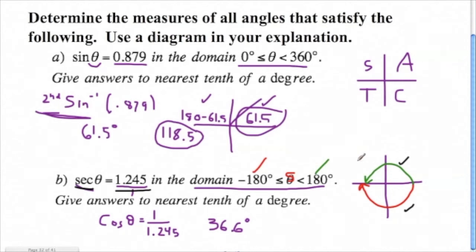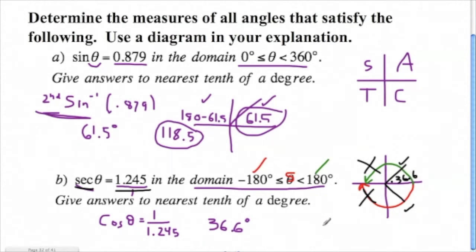So these ones we're not using. That's cos negative. So if I draw my reference angle in those pockets right here, that one right there is 36.6.